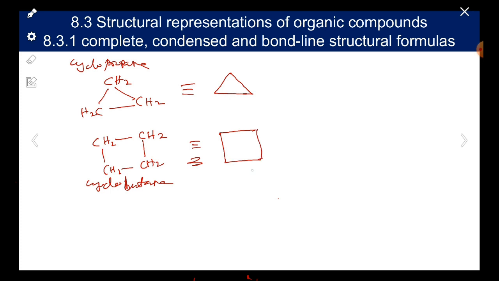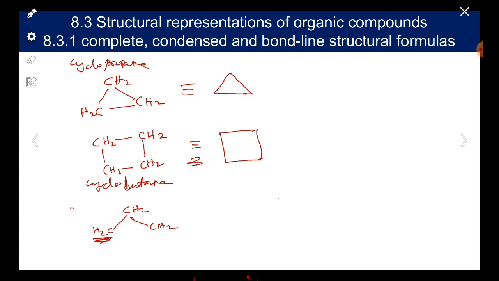As I said earlier, even a dash, double dash, triple dash, triangle, square, hexagon, everything has a meaning in organic chemistry. And how about a pentane, cyclopentane? Remember that when you write this one, CH2, this is the actual way to write.